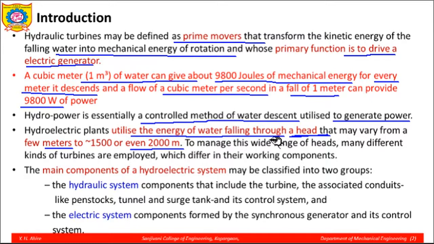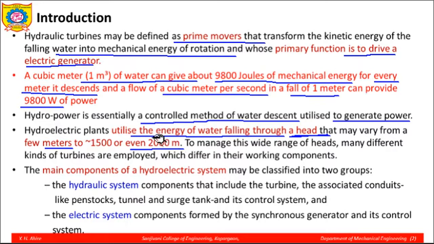So water falls down through a vertical distance, and that vertical fall of water, that distance is called a head. Okay, the term which we studied in fluid mechanics, pressure head, right, in terms of meter of water. So this head can range from a few meters to around 1500 to 2000 meter.